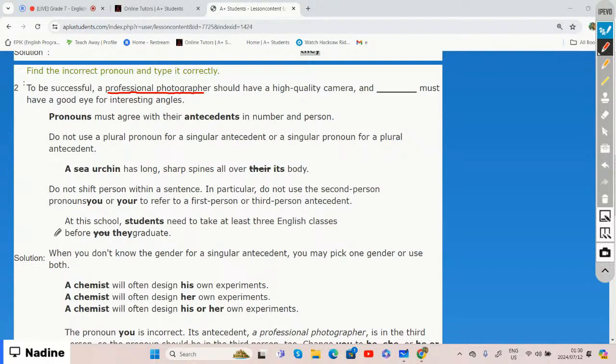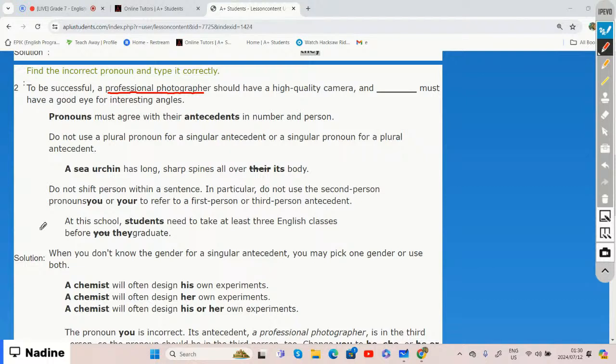All right, and if we were to choose the correct option, or the correct pronoun that goes with the antecedent, if we are making mention of a professional photographer, it can either be a male or female, right?